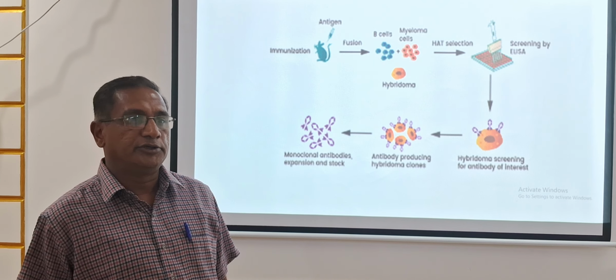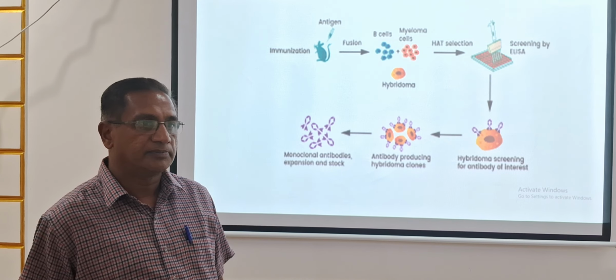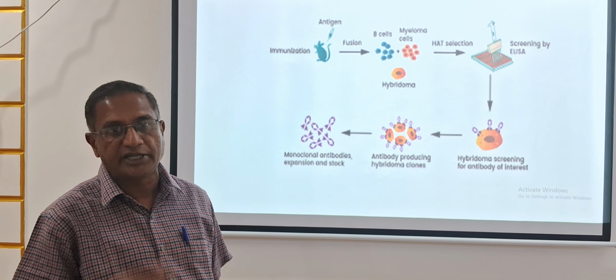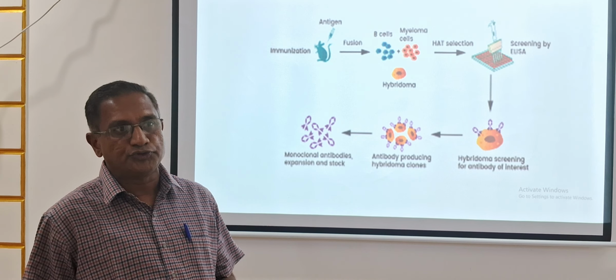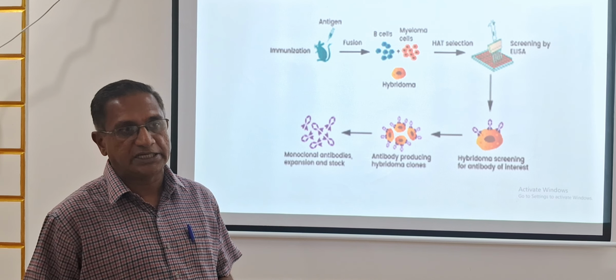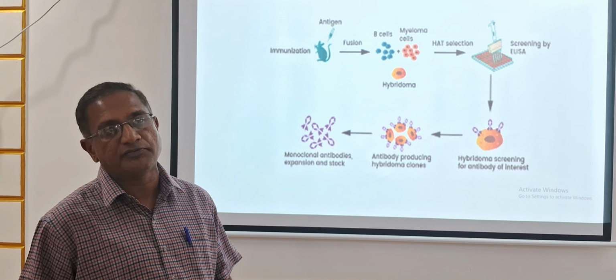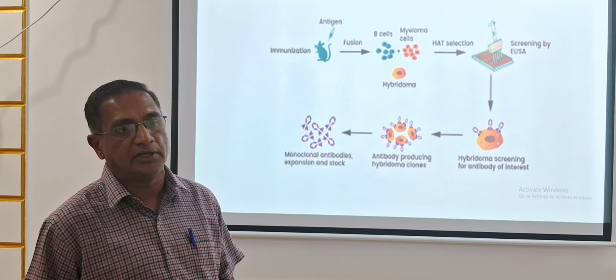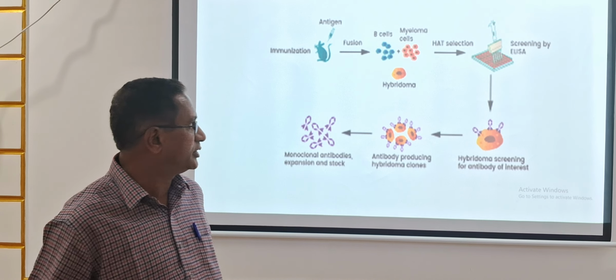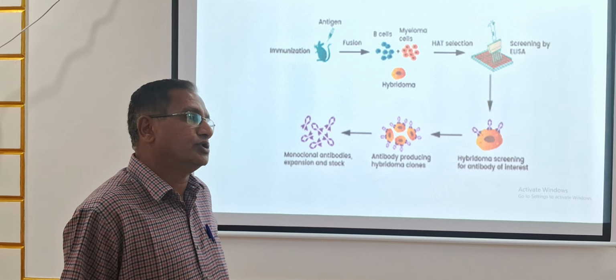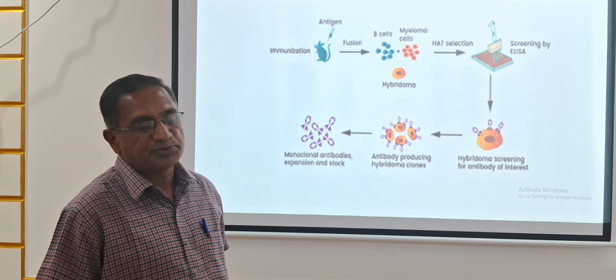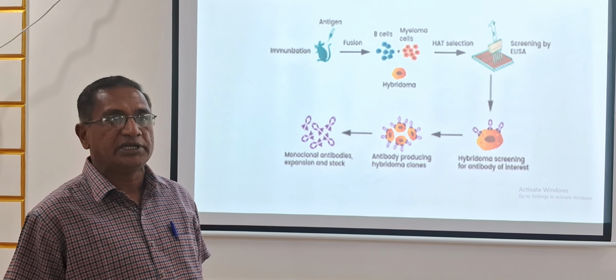The fusing is done using polyethylene glycol, which is used to fuse the normal cell line and the HGPRT-deficient cancerous cell line. HGPRT is the hypoxanthine guanine phosphoribosyl transferase enzyme.